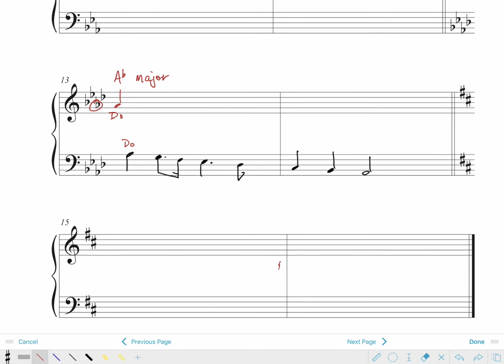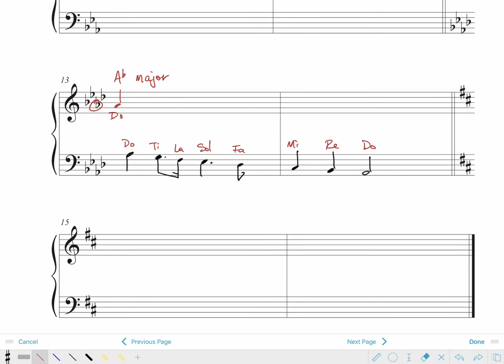Did you get the following solfege syllables? If you got something different than me, pause the video and study your work.